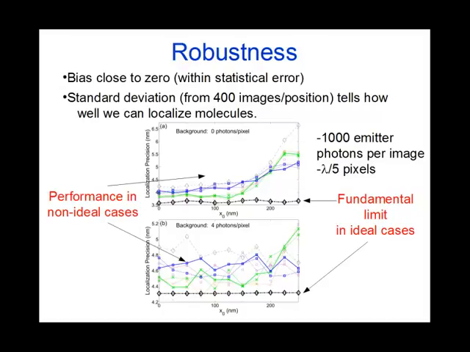0 background. As soon as we add background, now there's no sharp rise. The overall uncertainty has gone up, but it's gone up for the ideal case as well as the non-ideal cases because that's what background does. The reason why it doesn't go up at large separations, at large distances from the center when you have background, is because model mismatch only really matters at the tails.